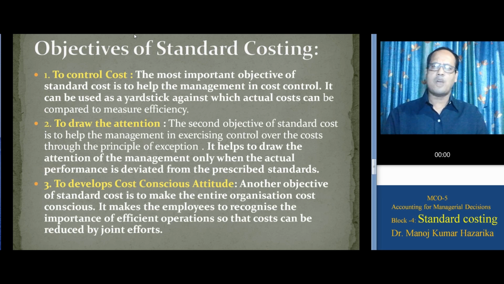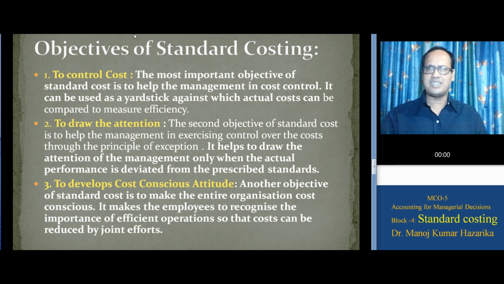The various objectives of standard costing are as follows. The main objective of cost accounting is to control the cost. Standard cost is to help management in cost control. It can be used as a yardstick against which actual cost can be compared to measure efficiency.